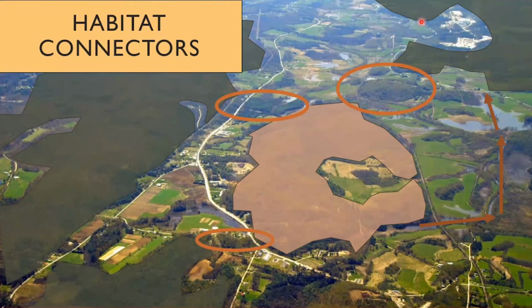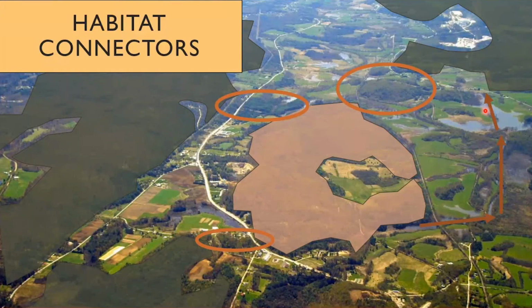Those are really these anchor blocks here, right? But we need to fill in that network to allow for these stepping stones between the larger forest blocks. And then we're also going to fill it in with these micro connectors, these wildlife road crossings, and this network of riparian areas that knits the whole system together.